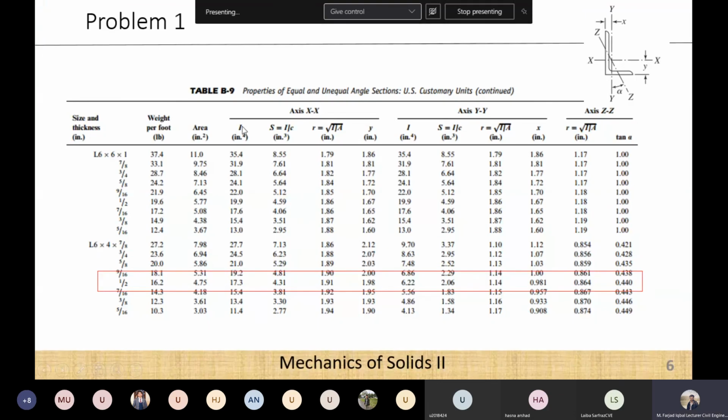From the table you can see that this x-axis is basically our z-axis over there. So the moment of inertia about this horizontal axis is 17.3, and the moment of inertia about this vertical axis is 6.22.